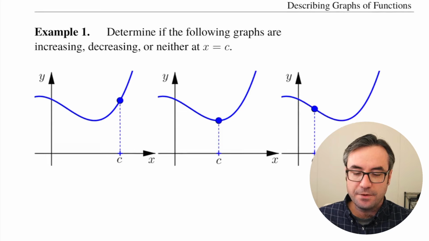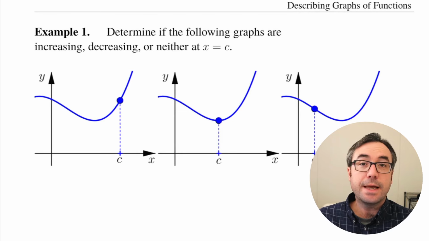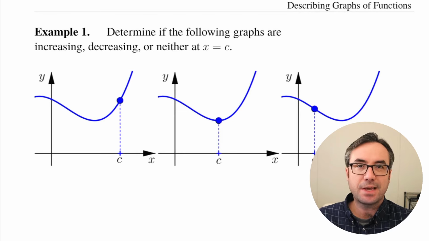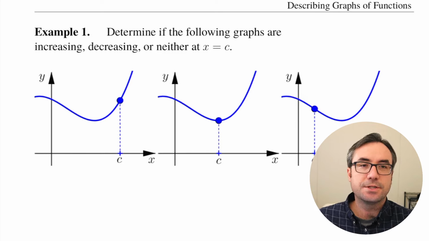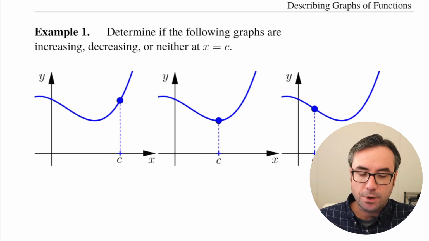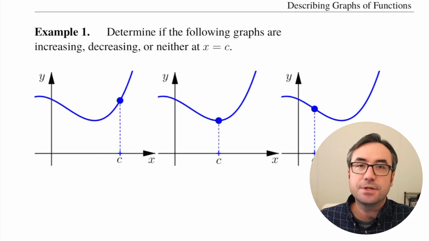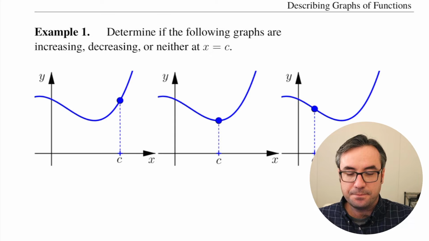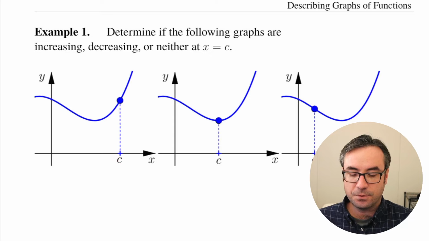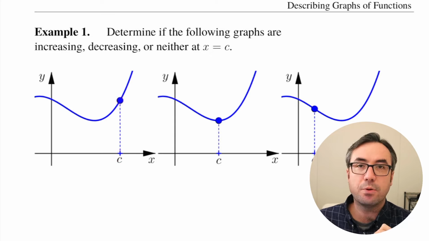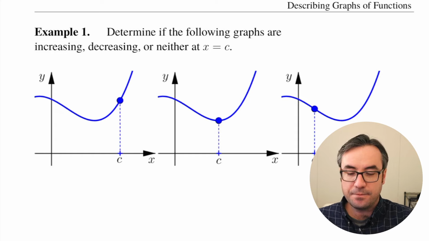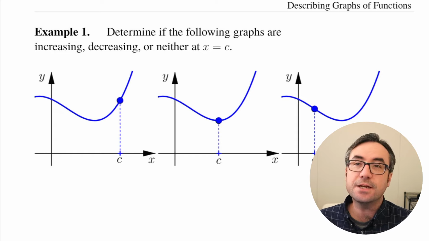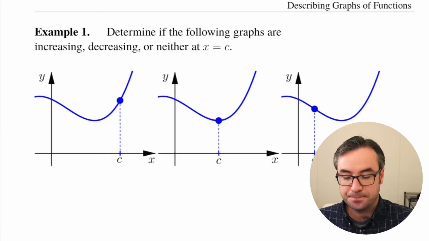We can figure this out at a point by looking at the tangent lines. Let's try this little example. We're going to determine if these graphs are increasing, decreasing, or neither at x equals c. In the first one, we have our function. If we find x equals c, we draw the corresponding point on the graph, and then draw in the tangent line at that point.